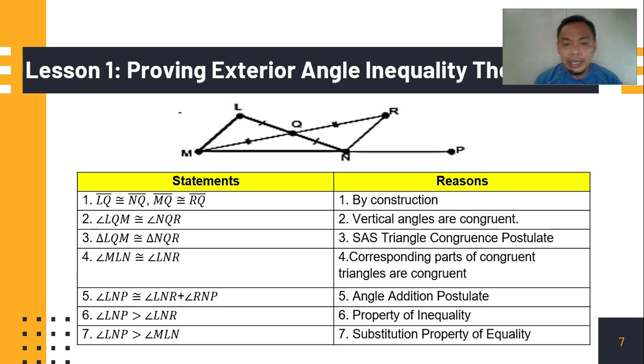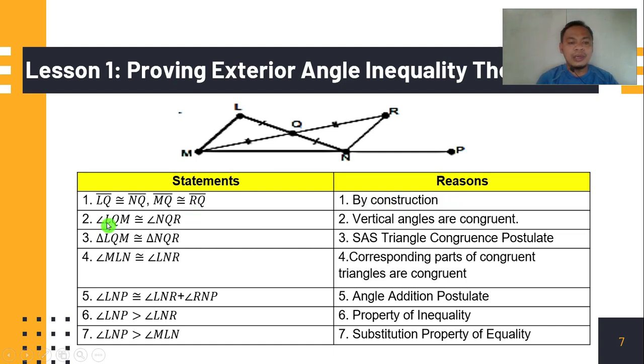Now our figure becomes like this. Our statement: LQ is congruent to NQ and MQ is congruent to RQ. Our reason is by construction, what we did earlier.